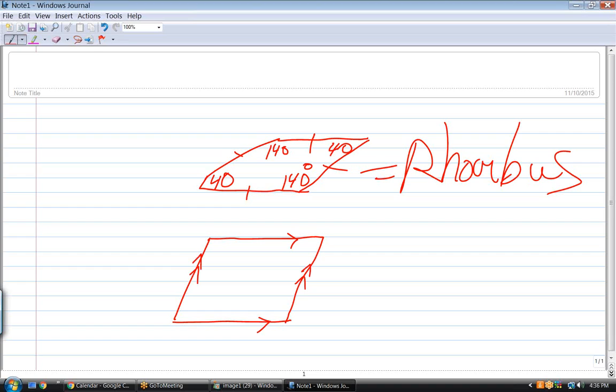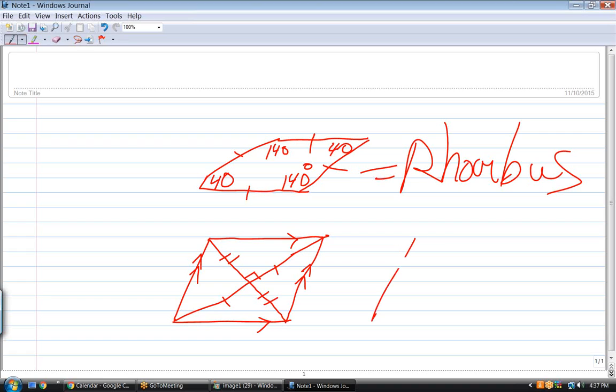Thirdly, the diagonals bisect one another, meaning that's equal to that, and that's equal to that. And fourth, the diagonals make a right angle at their intersection. That's what you want to know about a rhombus. Oh, and opposite angles are equal, and adjacent angles are supplementary, like any parallelogram.